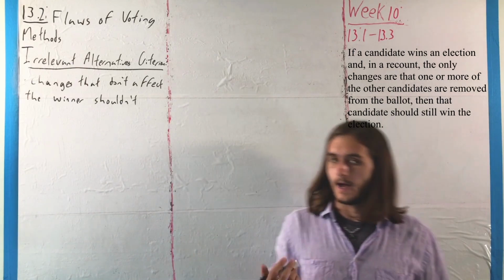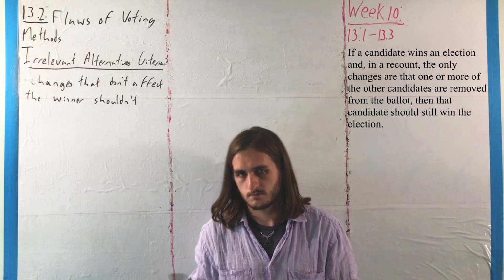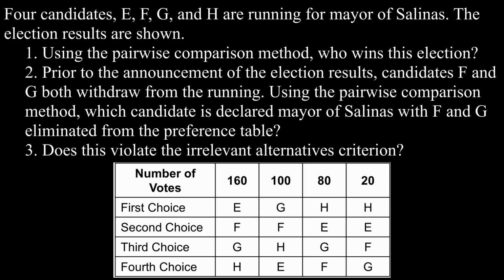To understand how this can happen, how we can end up getting that this fails, we'll take one more example. So for our example here, we have 4 candidates running to be the mayor of Salinas, with results shown by the table. And what we're going to do is use the pairwise comparison method to determine the winner.